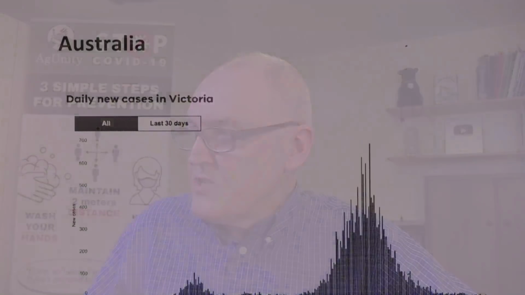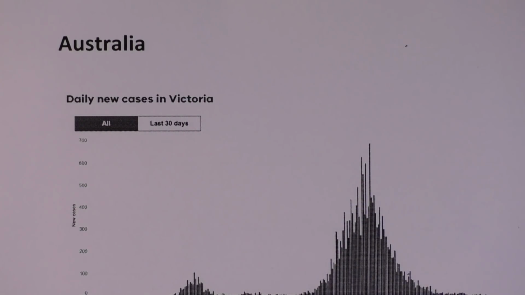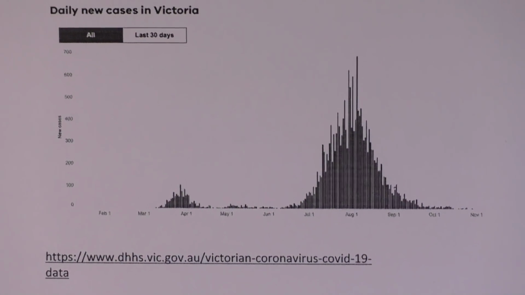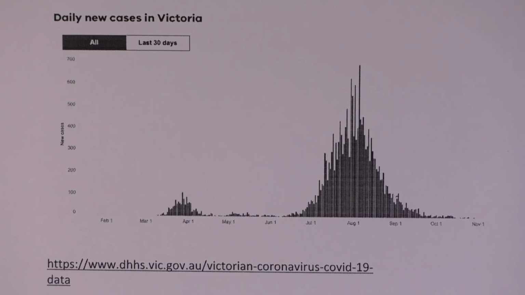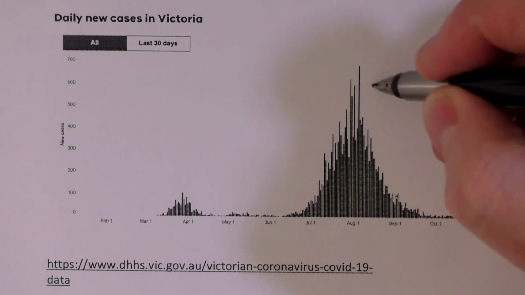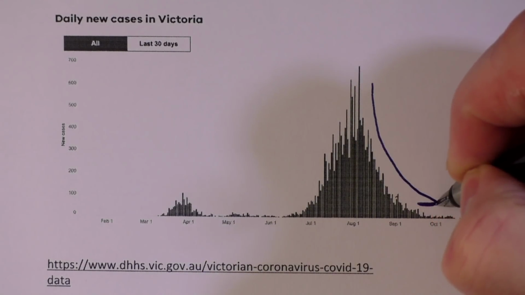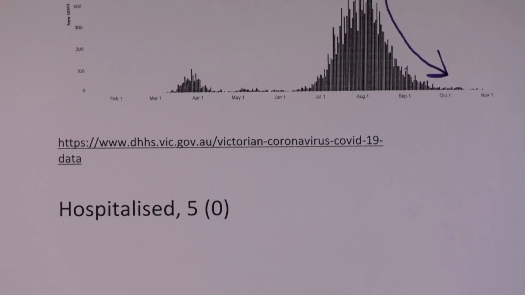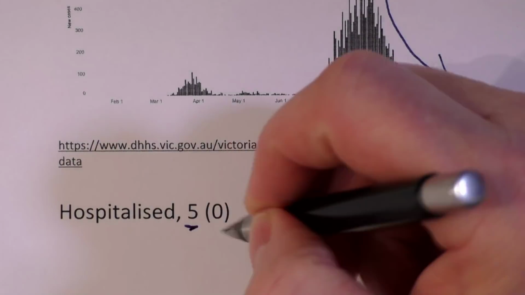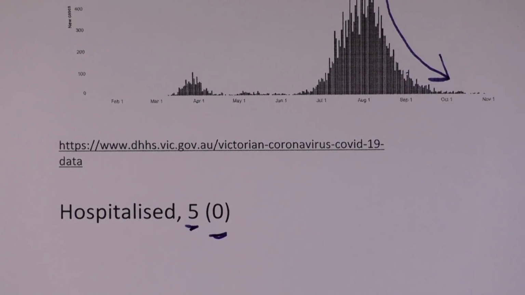Right. Let me just show you what these graphics that we often look at should look like. This is the one from Victoria in Australia. Wow, look at that. Currently in Victoria, 5 people are hospitalised. None are in intensive care.